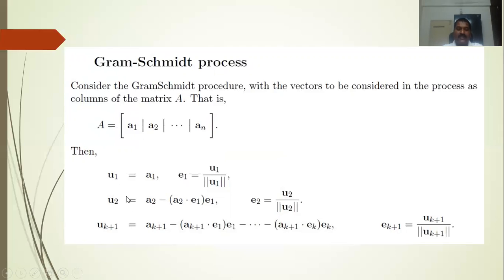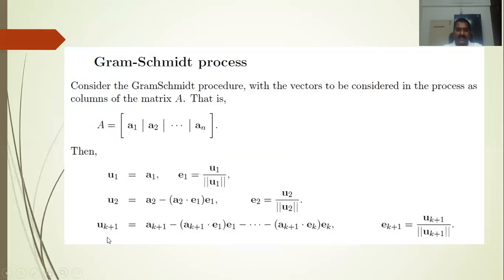U2 should be orthogonal to U1, so you need to project it. U2 equals A2 minus A2 dot E1 times E1. Similarly, U3 equals A3 minus A3 dot E2 times E2 minus A3 dot E1 times E1, and so on.